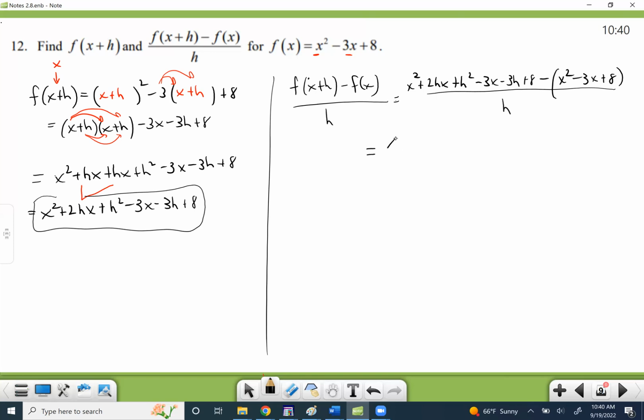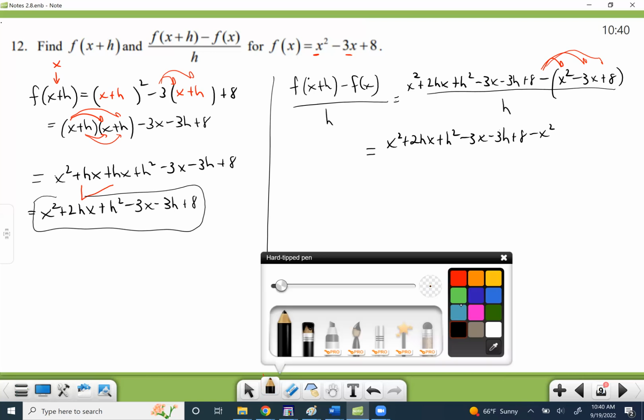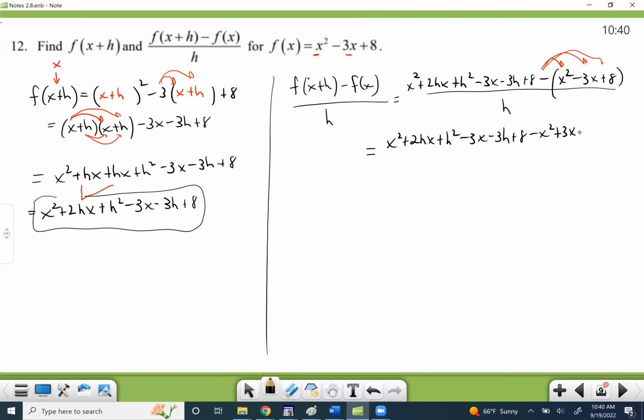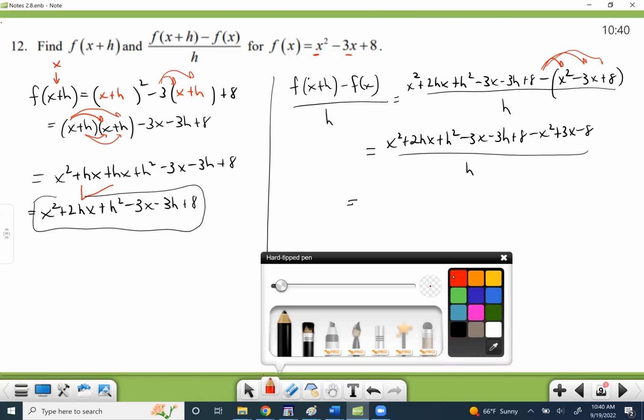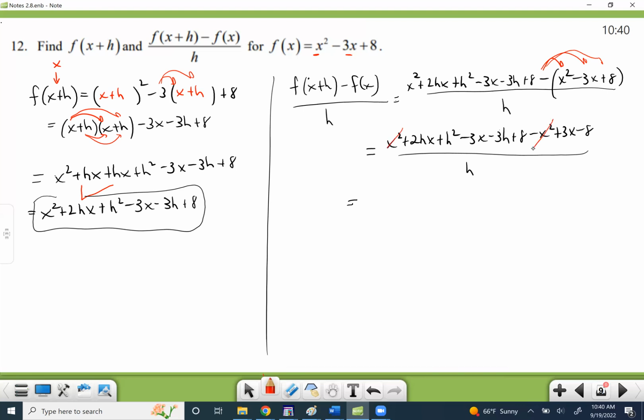We know that our h's should cancel, our h in the denominator, right? I'm distributing the negative now, you guys. Now let's see what stuff can cancel. X squared minus x squared.